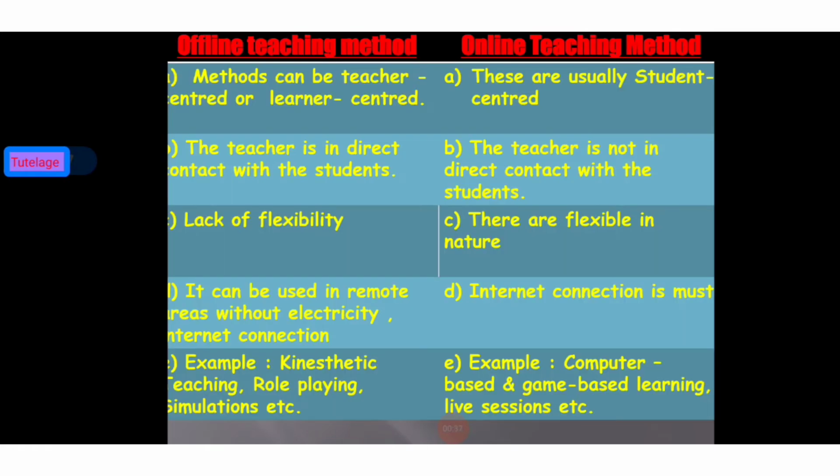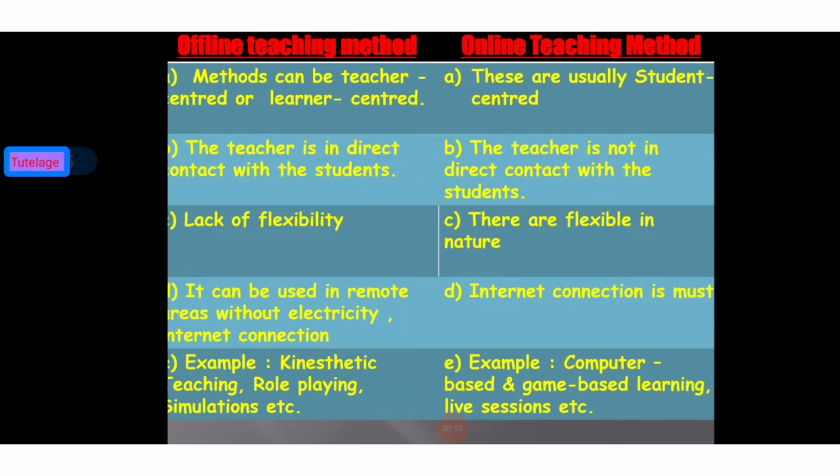Here we can see some differences between the offline teaching method and the online teaching method. But before going to the differences, at first we have to know what we mean by an offline teaching method and an online teaching method.